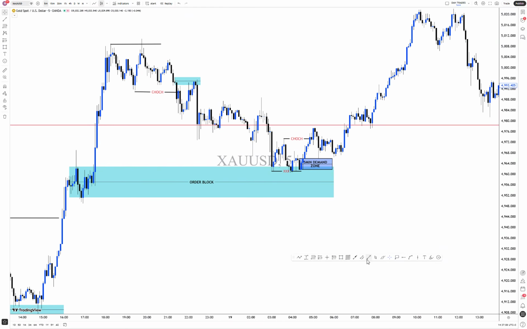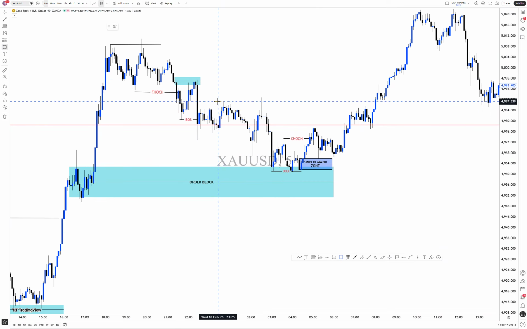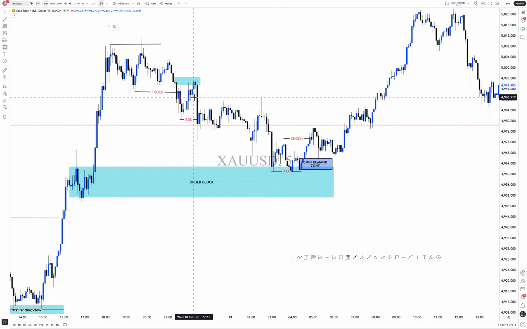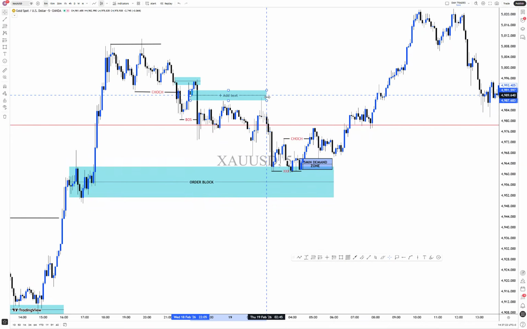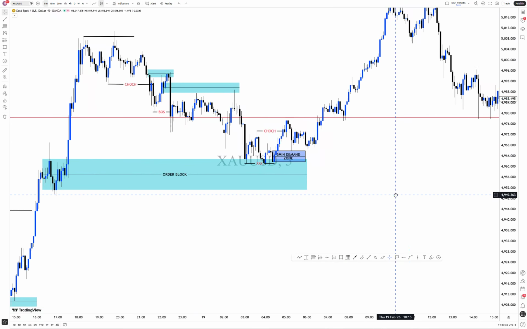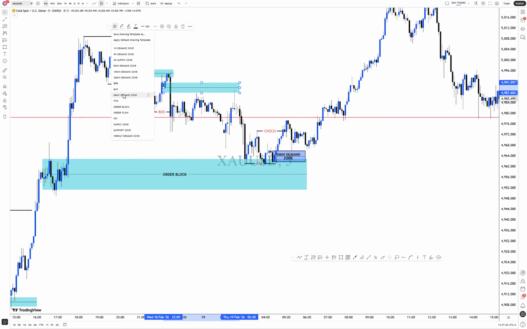Then it gave us this break of structure to the downside, right? And then you look for the supply which led to that candle, so you can even take this breaker block around that area. You can see that breaker block being mitigated, right?